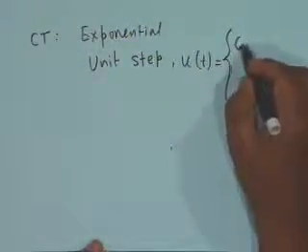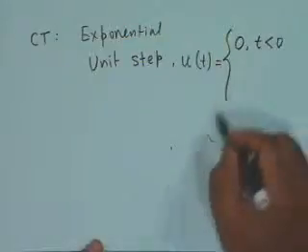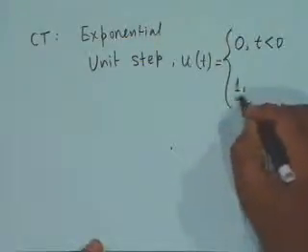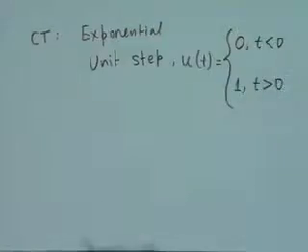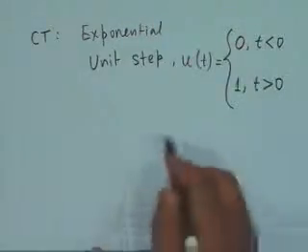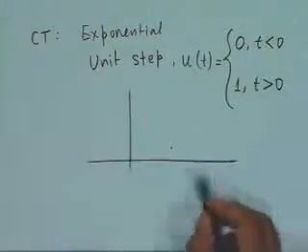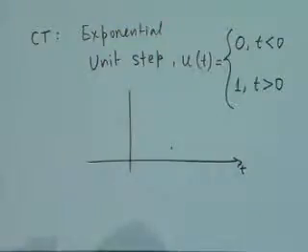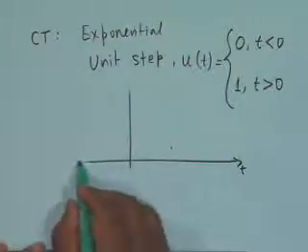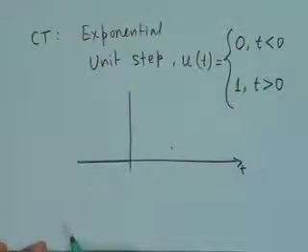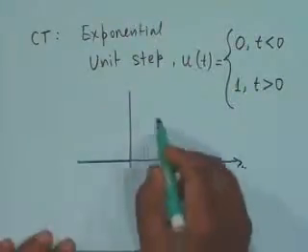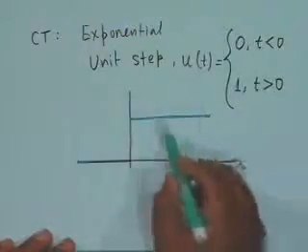It is 0 for t less than 0 and unity for t greater than 0. This is the definition of the unit step, and if you want to plot u(t) versus t, this is small u. The plot, obviously, is 0 for t less than 0, and for t greater than 0 it is 1.